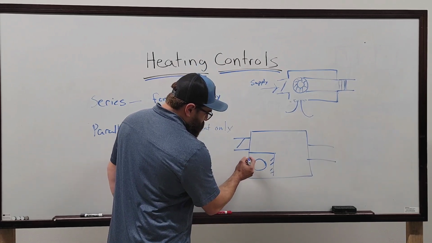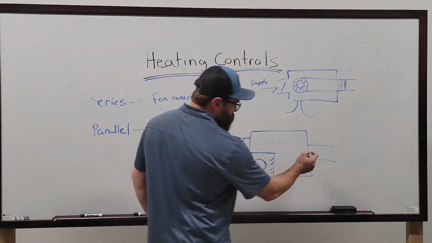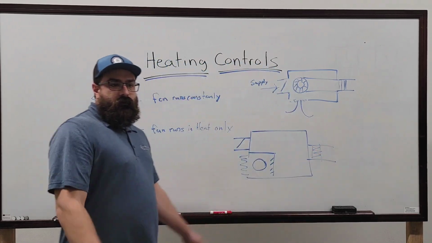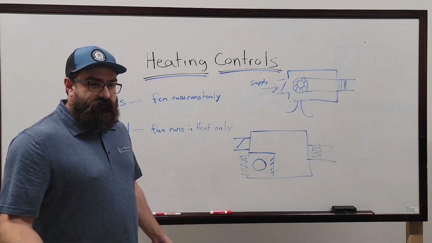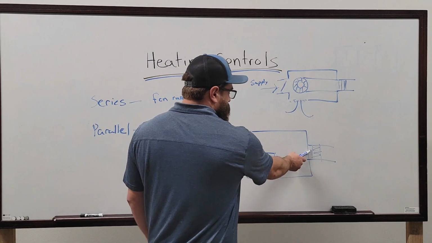Some of them, your heaters are draw through, and others, they're push through on the boxes. So they can be in both places. It really doesn't matter either way. The majority are going to be pushed through.